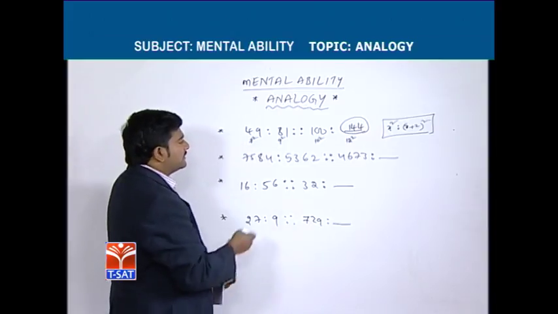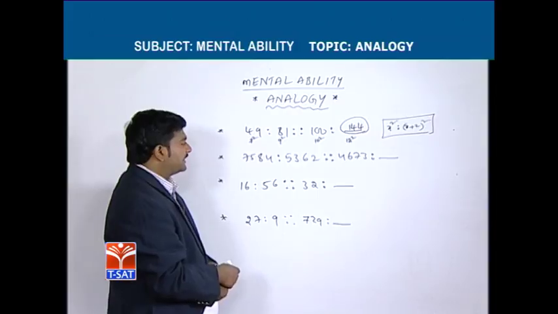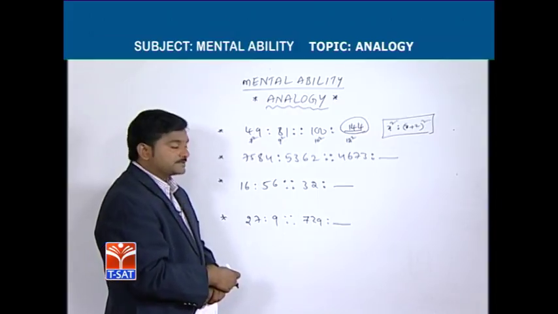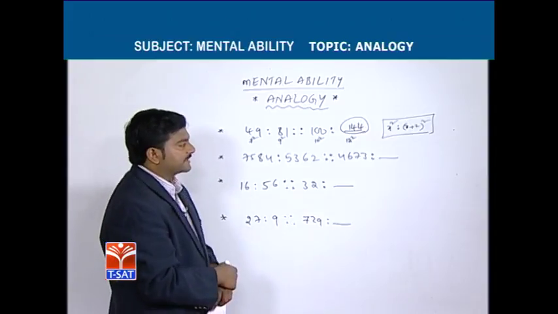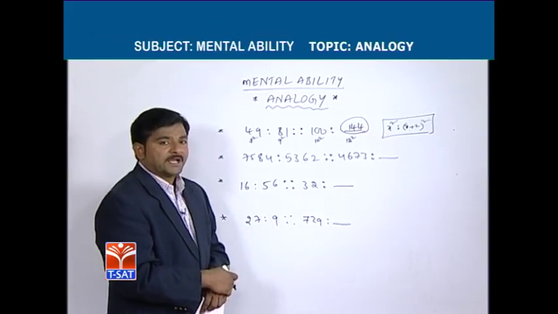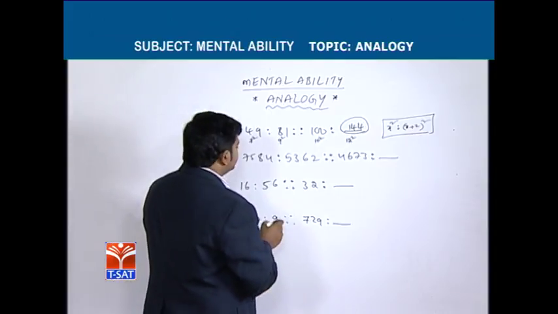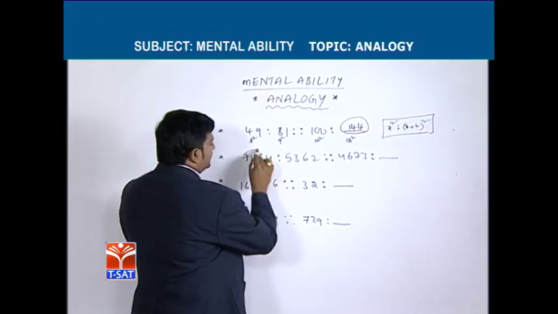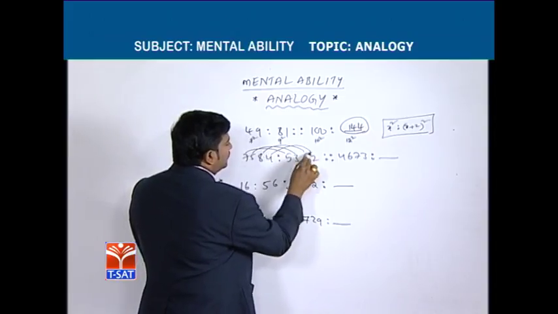Okay. See here, a 4 digit number is given. The 4 digit number 7, 5, 8, 4 is to 5, 3, 6, 2. Similarly 4, 6, 7, 3 is to dash. So it is a simple concept. We need not worry about this. For example, see 7, 5, 8, 4 goes to 5, 3, 6, 2.